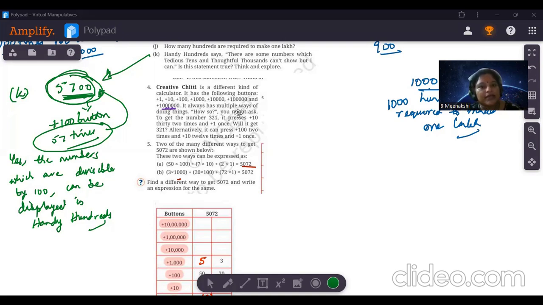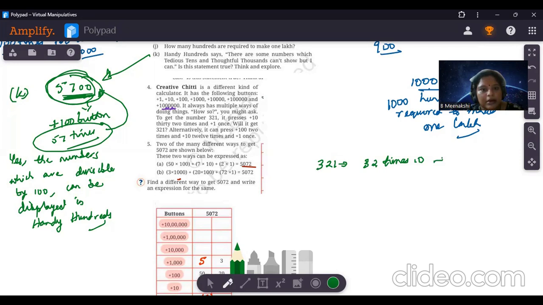Now it always has multiple ways of doing things. So how to get the number 321? We can write 321 as 32 times 10, that is, we can press 10 32 times plus 1 time 1. So we get 320 plus 1, it is 321.